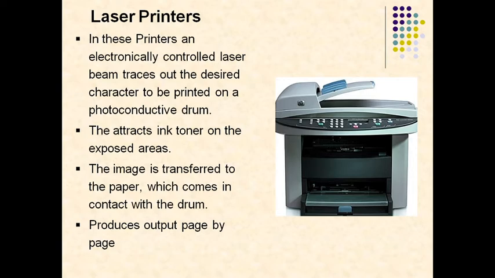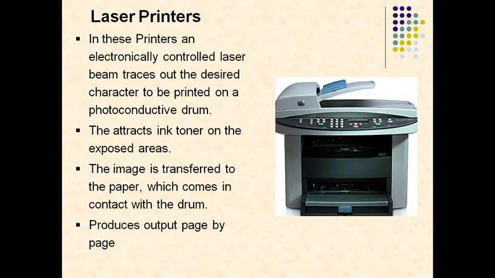A drum will be rolling in the laser printer. The drum attracts ink toner on the exposed areas. The image is transferred to the paper which comes in contact with the drum. Students, it produces output page by page.